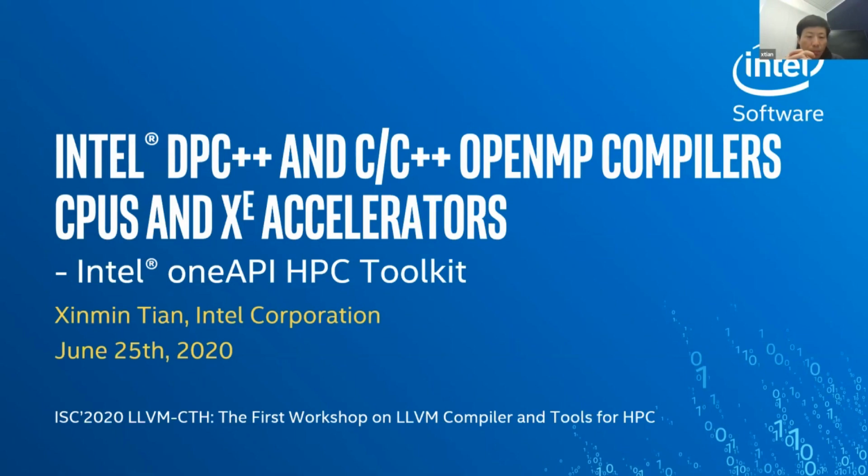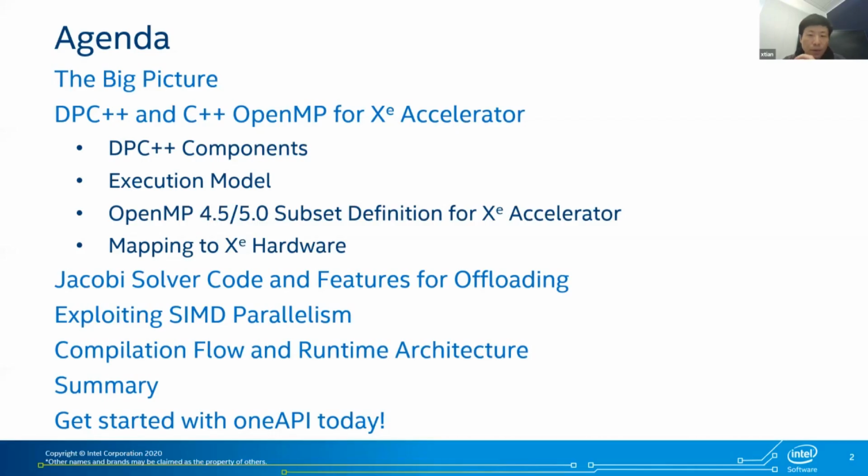oneAPI is the Intel brand of the toolchain. Basically, we have this HPC toolkit, which includes a DPC++ compiler and the Intel C++ OpenMP offloading compiler for HPC. So the agenda for today's talk: let's look at the landscape of our software toolchain for the HPC segment.